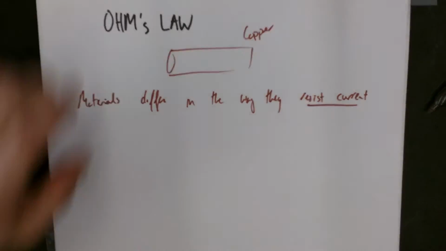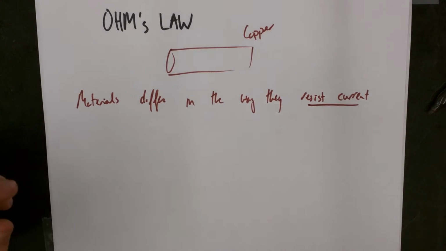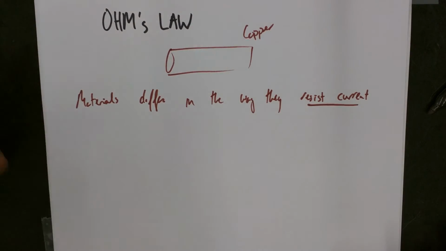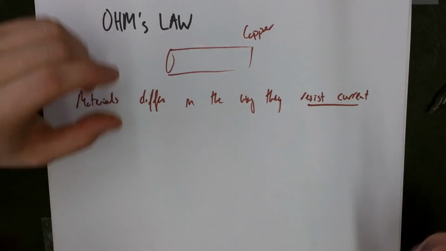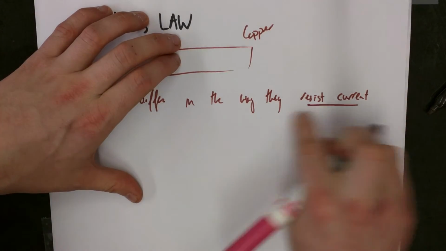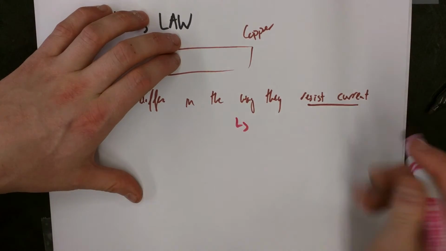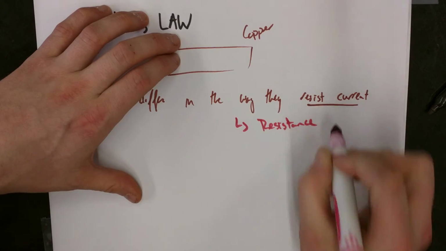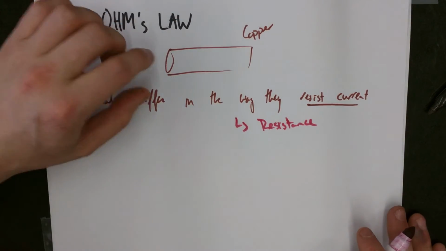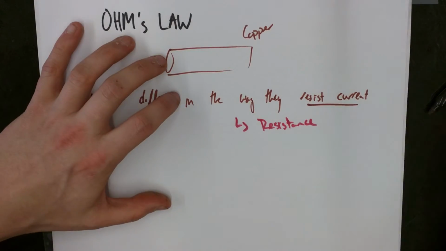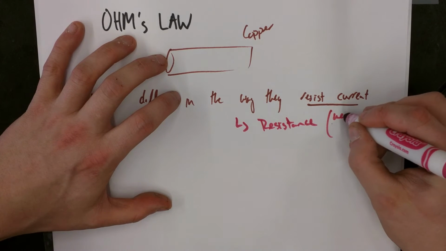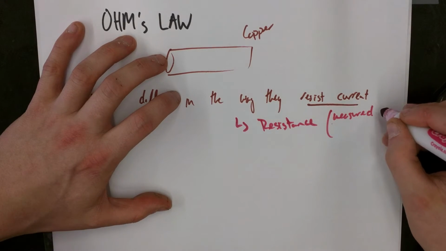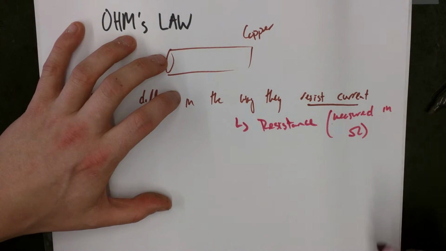And we're going to try and come up with a few expressions, or one expression based on a couple relationships. But my final note here is that this could be called resistance. The way that a material resists current will be called resistance, and we'll measure this in ohms.